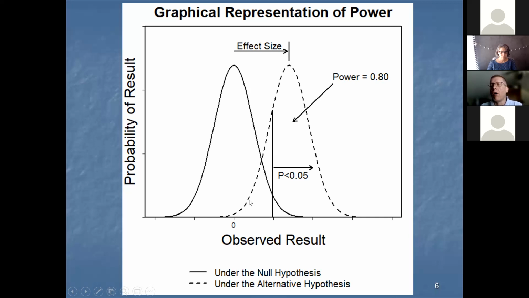You may recall that variability is reflected in the shape of the distribution. Another way to say that is how fat or how wide this distribution is versus how narrow or how peaked the distribution is. Let me try to draw this, see if I can get something to work here.